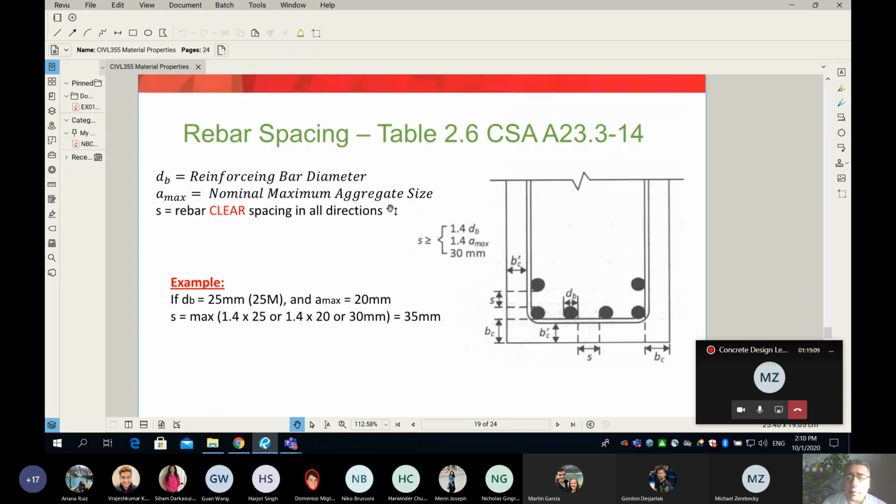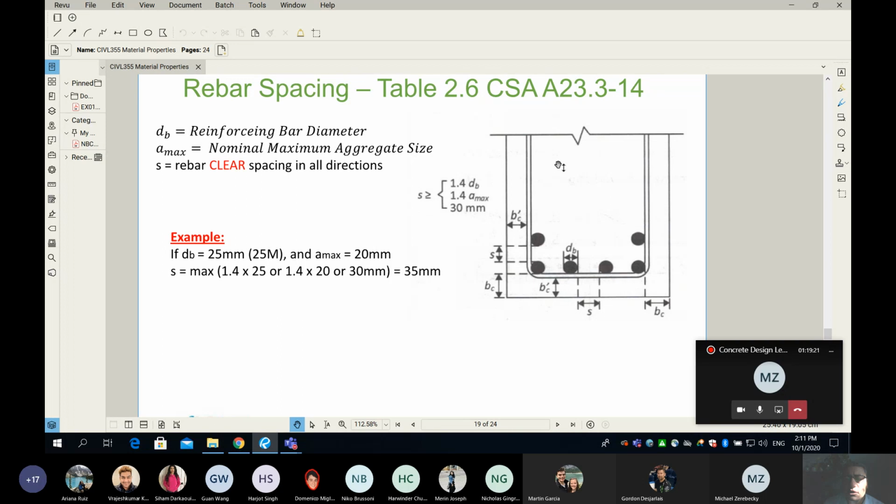Now, it comes from the code, and I will give you the reference. So table 2.6 on CSA A23.3-14, you will find this picture here. This picture shows you the spacing between the rebar and how to find the minimum spacing between the rebar.